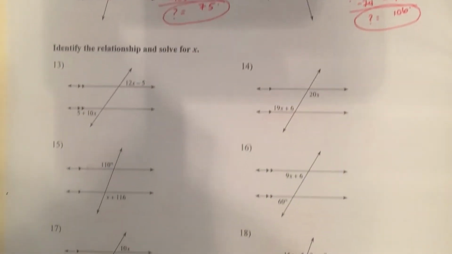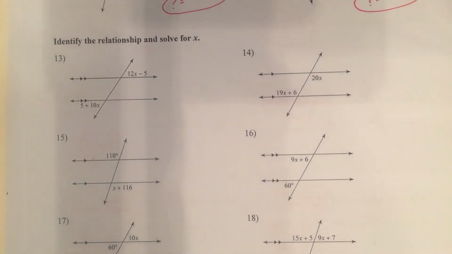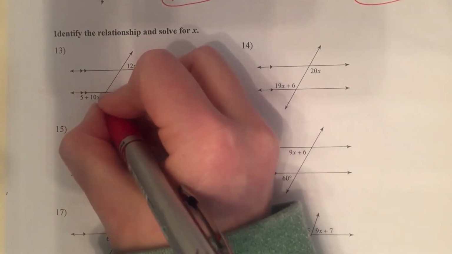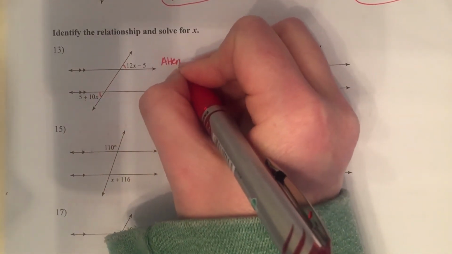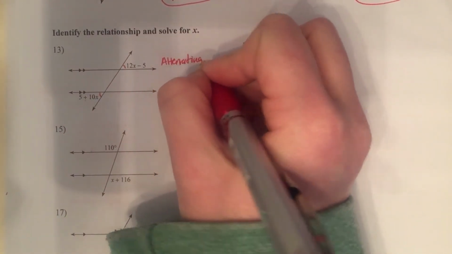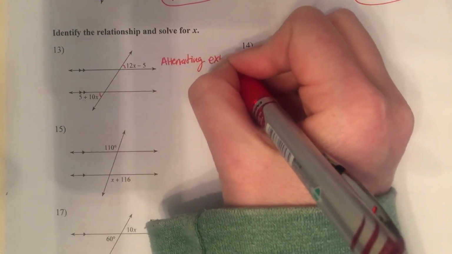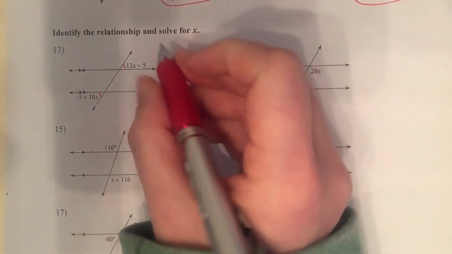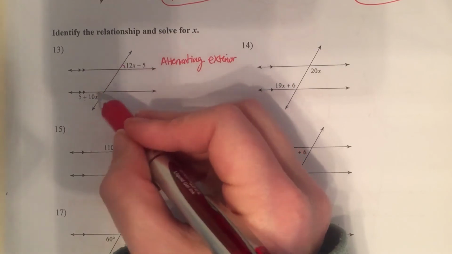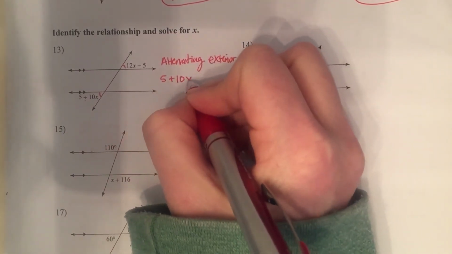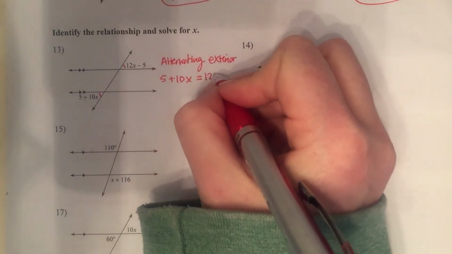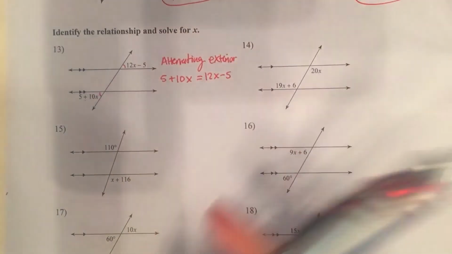Now it's going to be a little more difficult. I still have to name it. These are alternating exterior. And they are the same size. Yeah, that's a small angle, small angle. 5 plus 10x is equal to 12x minus 5.